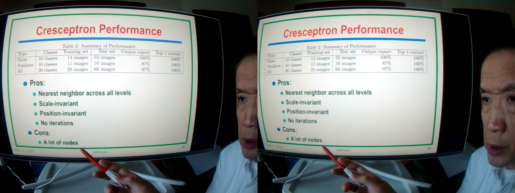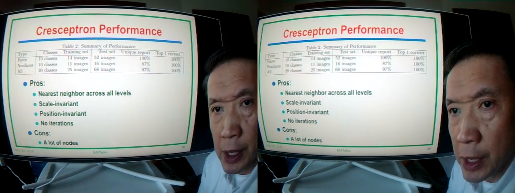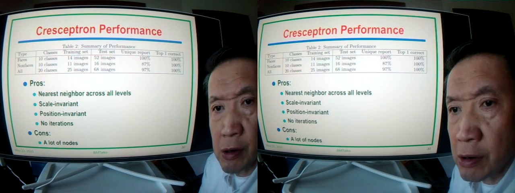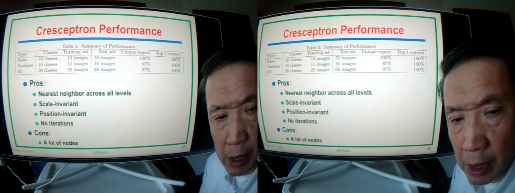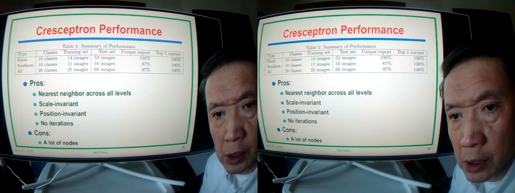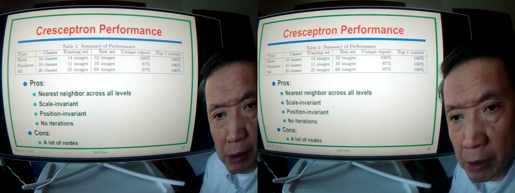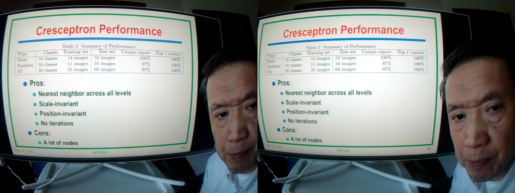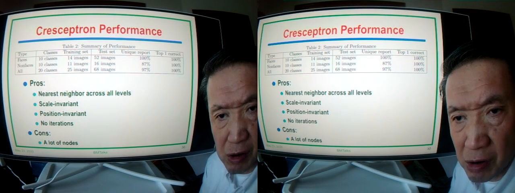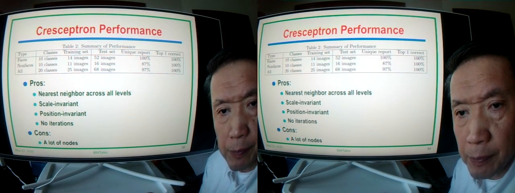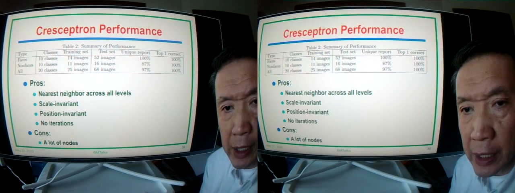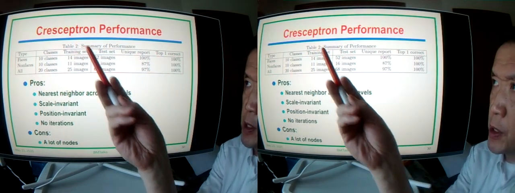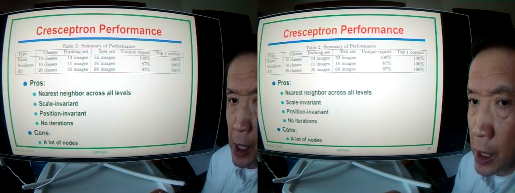Basically, all the work after Cresceptron had little novelty in contribution in terms of concepts, contrary to what ACM was saying about the concept of deep learning. There's little novelty at all. What they're doing is to reduce the mechanisms that made for high performance in Cresceptron.